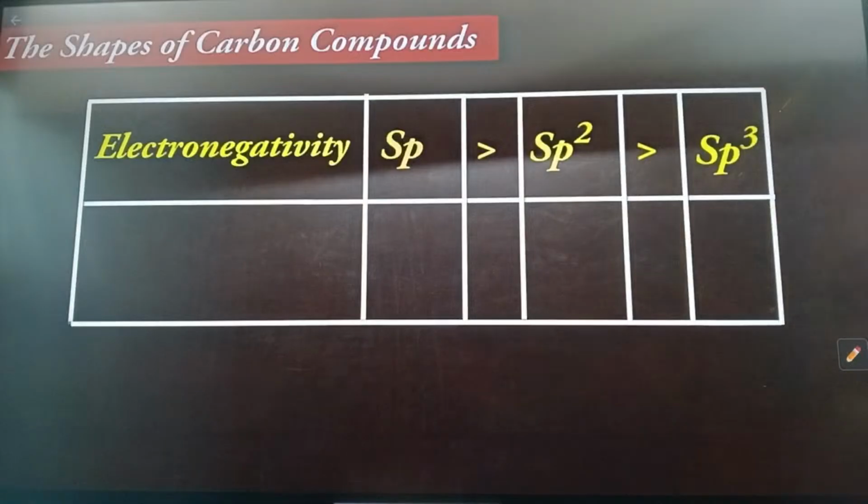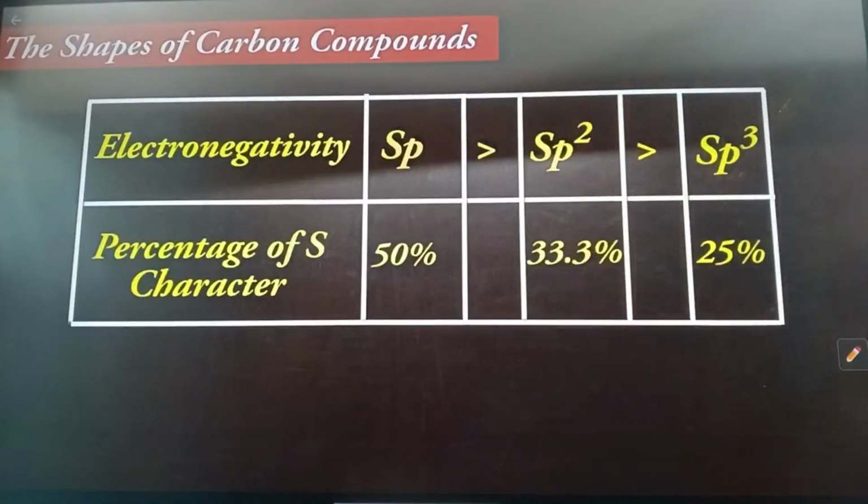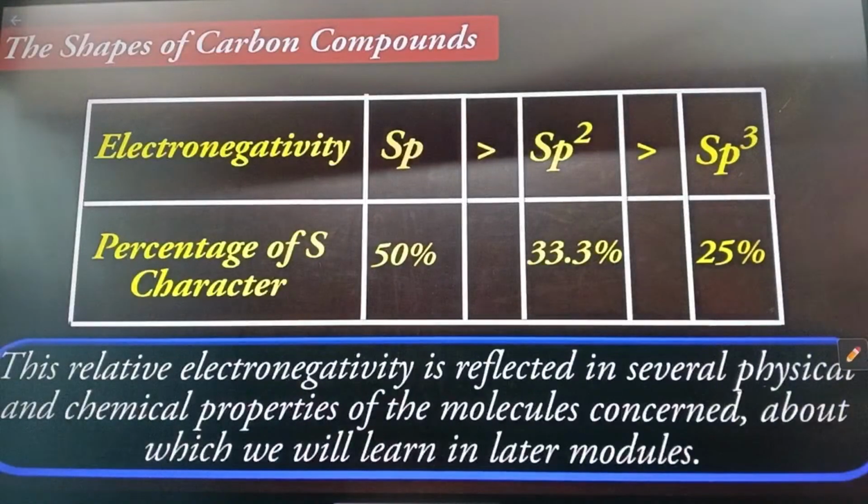Thus, a carbon atom having an sp hybrid orbital with 50% s character is more electronegative than that possessing sp2 or sp3 hybridized orbitals. This relative electronegativity is reflected in several physical and chemical properties of the molecules concerned, about which we will learn in the later modules.